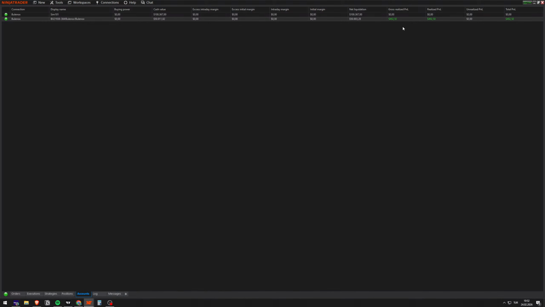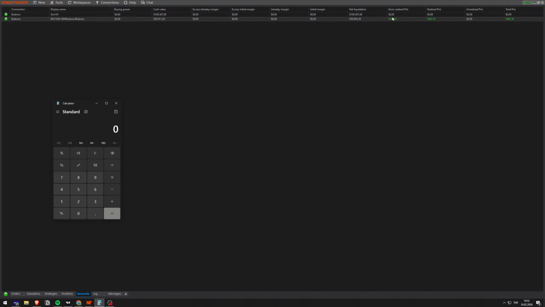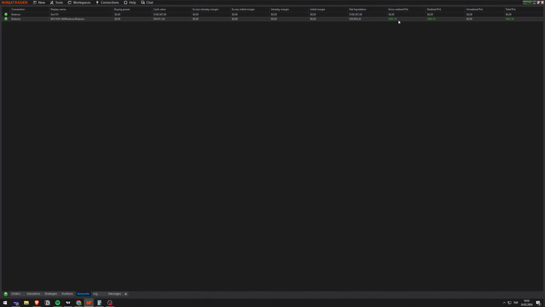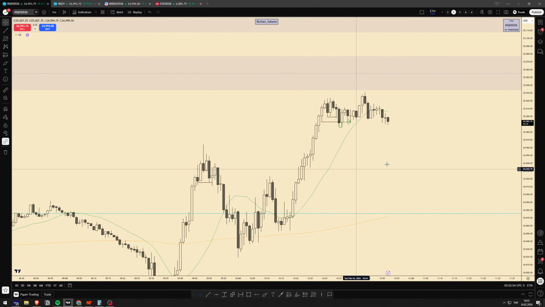Yeah, 1% of 50k. They make us feel like this is a small game, but it is not actually a 1% gain, because our maximum drawdown is this, and we are making 1/5 of it. So this is actually a 20% gain in a single day, which is quite huge.